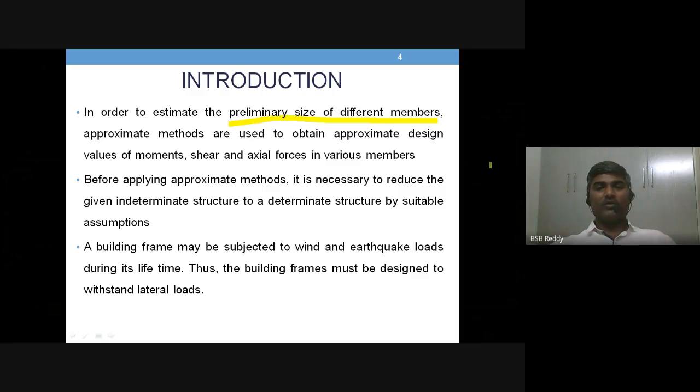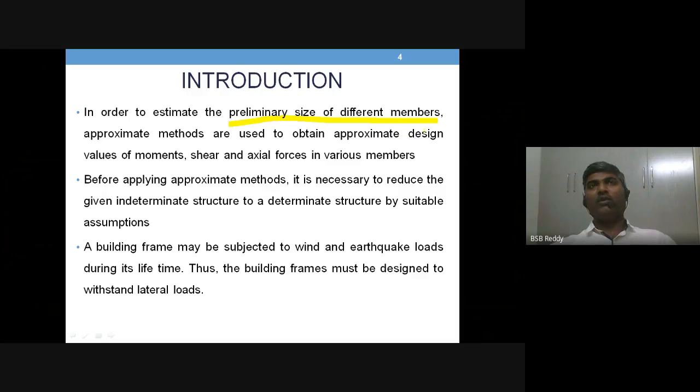Before you start analyzing and designing a structure, you are required to assign some size. For example, for a beam 230 mm by 300 mm, for a column 300 by 300. Likewise, you assign some size from the preliminary knowledge that you have in civil engineering.